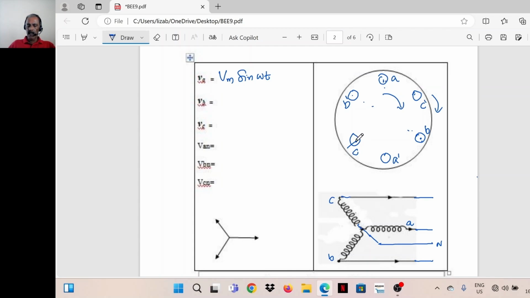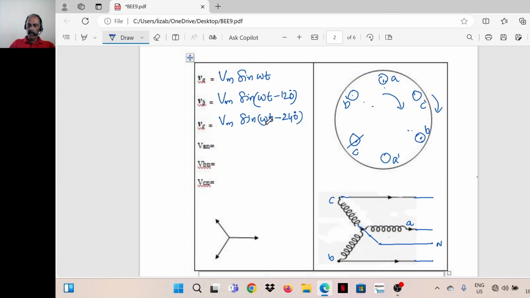Likewise, voltage in coil C is lagging behind the voltage in B by 120 degrees and voltage in coil A by 240 degrees. So the equation for voltage in coil B can be written as Vm sine omega t minus 120 degrees. Likewise, voltage in coil C, Vm sine omega t minus 240 degrees.